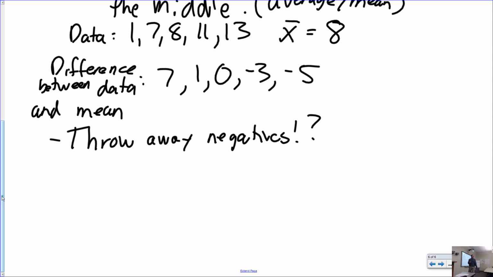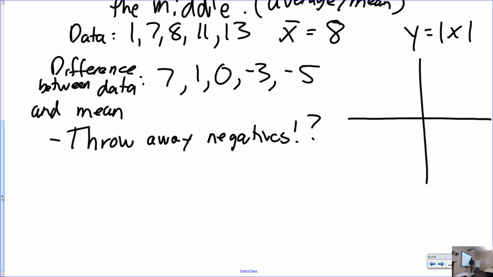And what mathematicians discovered is that if you just throw away the negative sign, there's a problem. Bear with me, I'm going to do a little bit of algebra here for you guys. When you're graphing the absolute value of a number, so again, quick review.